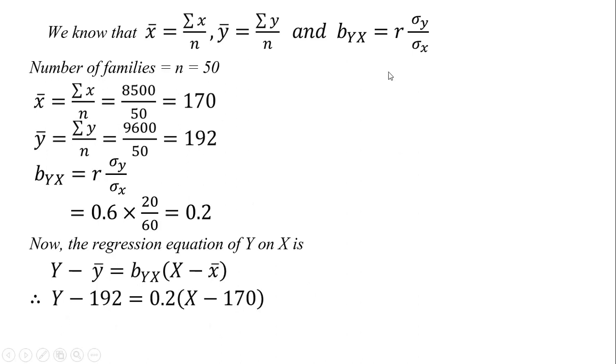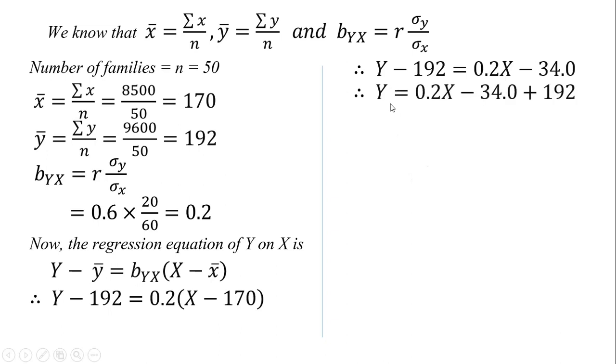Now we simplify this equation. Therefore, y minus 192 is equal to 0.2x minus 34. Now we transfer this minus 192 to this side. Therefore, y is equal to 0.2x minus 34 plus 192. Therefore, y is equal to 0.2x plus 158. So it is the regression equation of y on x.